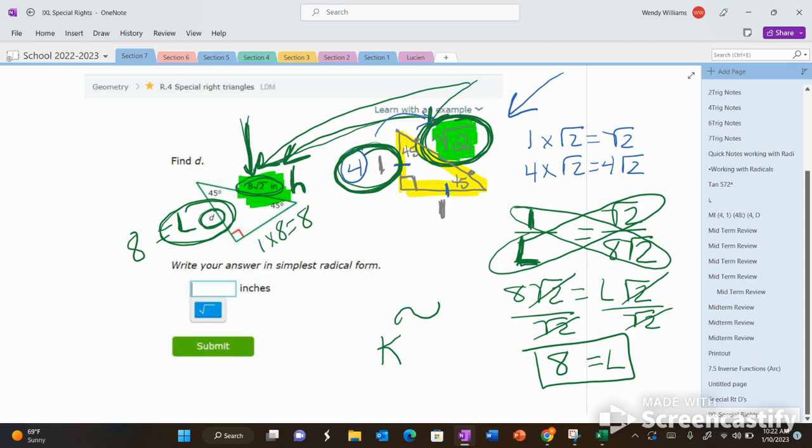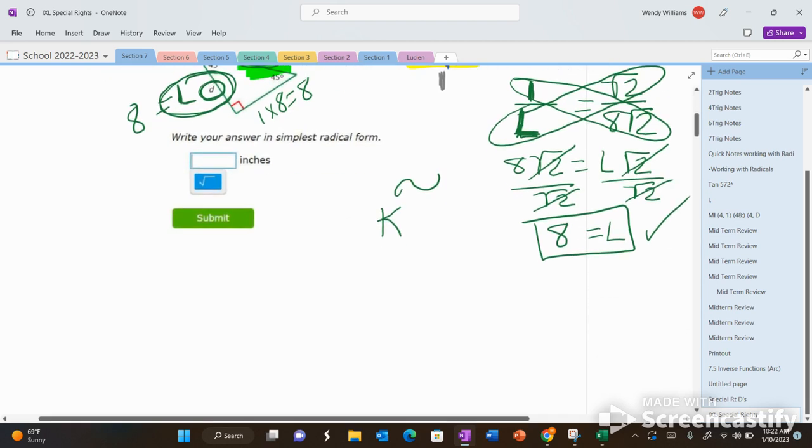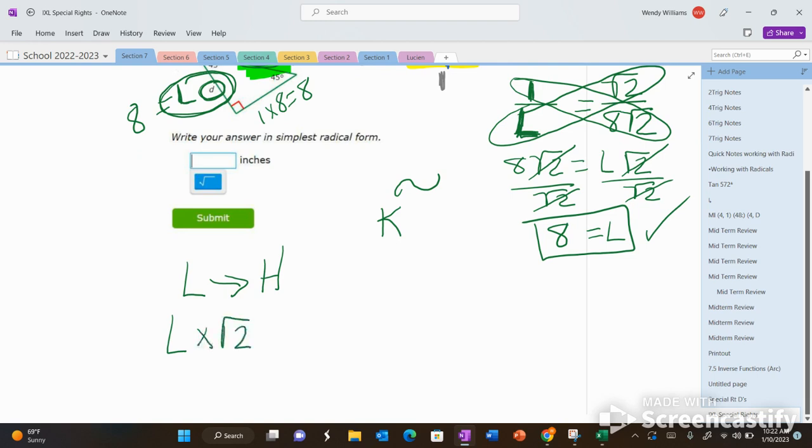You can do it by setting up your ratio and proportion and solving, or you can set it up by looking for the multiple. On the 45, 45, 90s, you're doing one of two things. Either to go from a leg to the hypotenuse, you take the leg and multiply by the square root of 2. That gives you your hypotenuse.